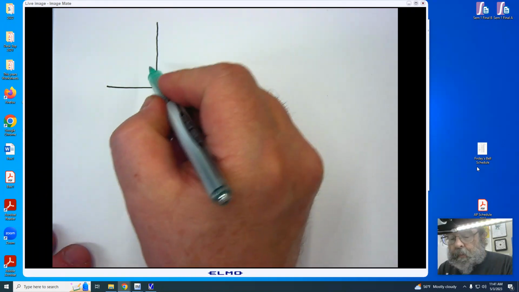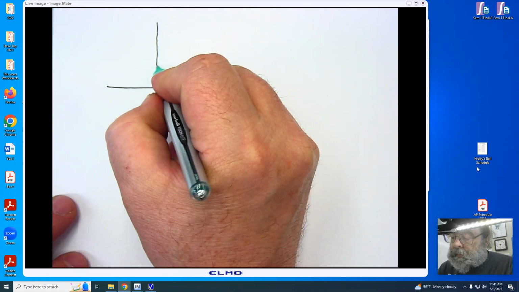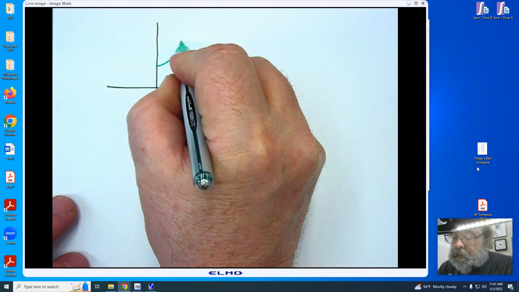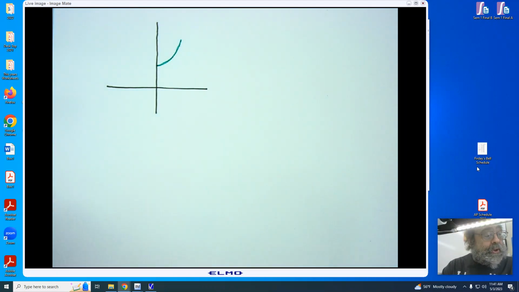Then I'm going to start putting all of my pieces into it. So we're going to start off with the quadratic that opens up. Again, we're just drawing a general sketch.